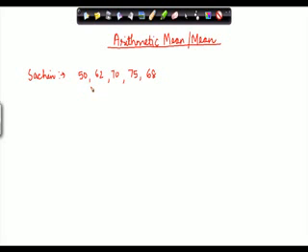Now suppose I have to understand what we mean by arithmetic mean or the average. I'll just write down the definition of arithmetic mean, or AM as we call it.